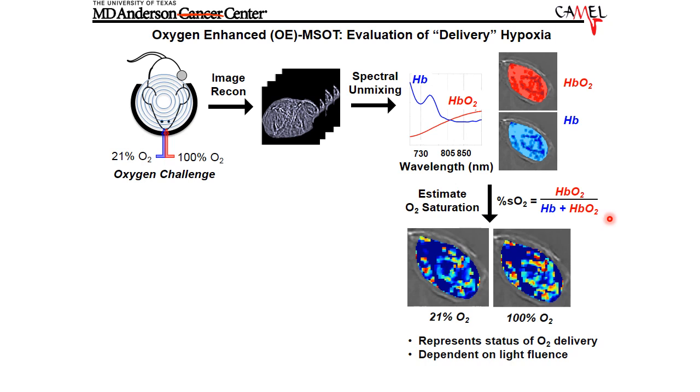It is dependent on spectral coloring, other features that cause the laser light to have different amounts of energy deposited at different depths. So I should acknowledge that it's not a perfect measurement of percent SO2, but it does a pretty good job, as you'll see. So we can get percent SO2 under medical grade air and 100% O2.